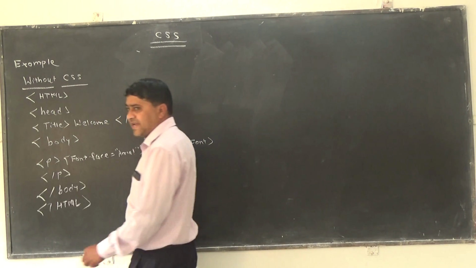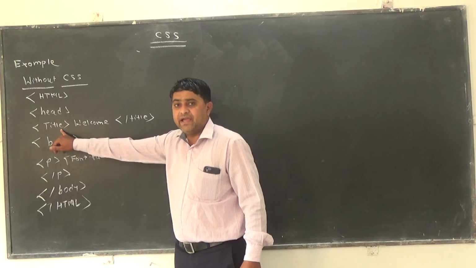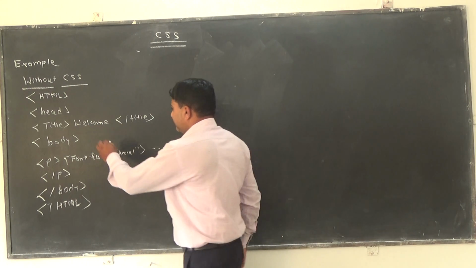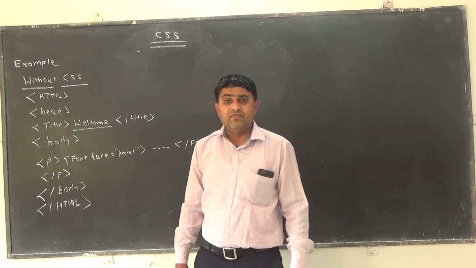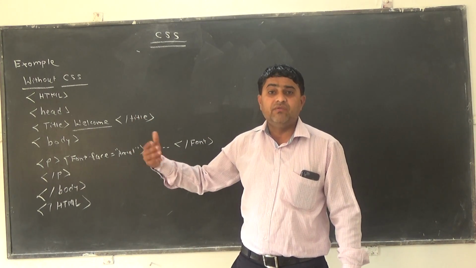The next tag is the title tag. The title tag has a starting tag and a closing symbol. In that we put the title. For example, this is a welcome title. So welcome will be displayed on the title bar when we execute your web page.